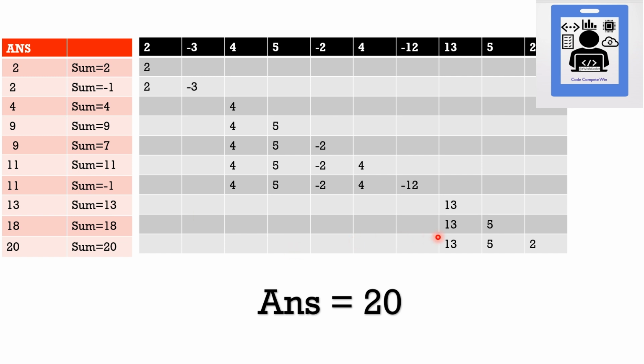Then we add 5 to our subarray, and our sum becomes 18. The maximum of 13 and 18 is 18, so we update our answer to 18. Then we take 2, so 13, 5, 2, the sum is 20, and we update our answer to 20. Our final answer is 20.